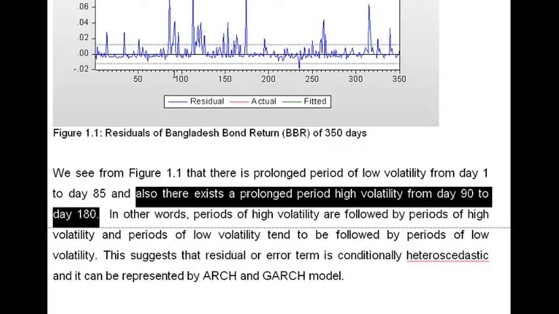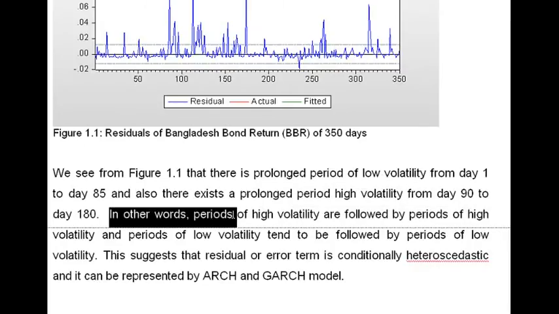So, in other words, periods of high volatility are followed by periods of high volatility, and periods of low volatility tend to be followed by periods of low volatility.